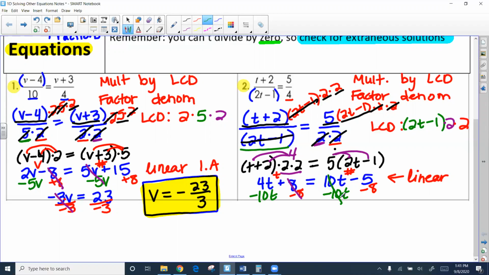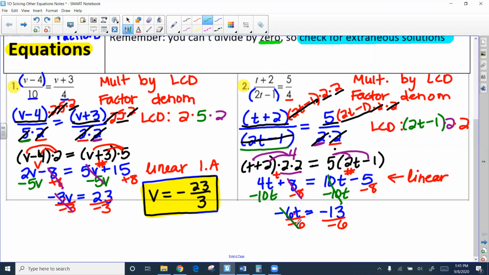Okay, so then on the left side, I have 4t minus 10t, so that's negative 6t equals. On the right side, I have negative 5 minus 8, so that's negative 13. And then the final step, to isolate the t, I got to get rid of the negative 6 that's multiplied by it. So I'm going to divide by negative 6.